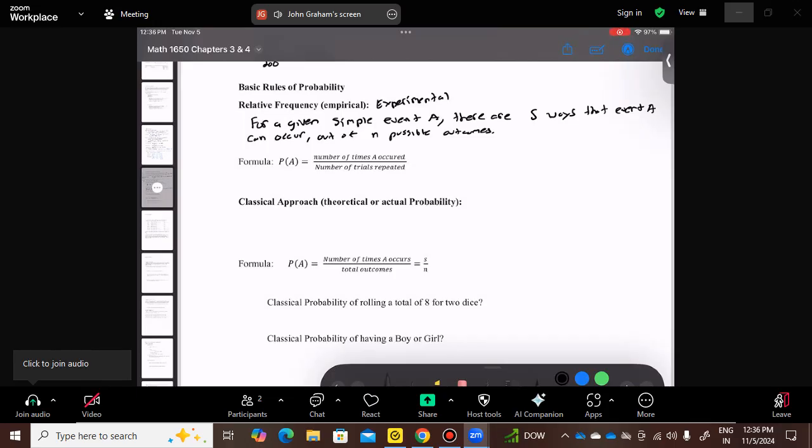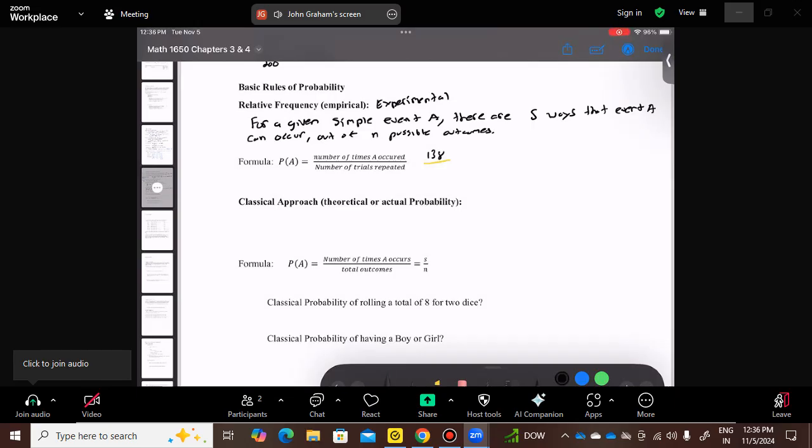So, for example, when we did the dice and rolling the 8 with 2 dice, we had 138 times 8 came up. Didn't matter how it came up, whether it's 4 and 4 or 5 and 3, it doesn't matter. 138 times we got a total of 8 out of 1,000.